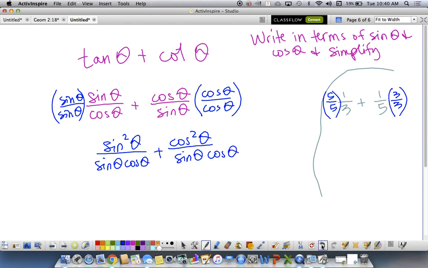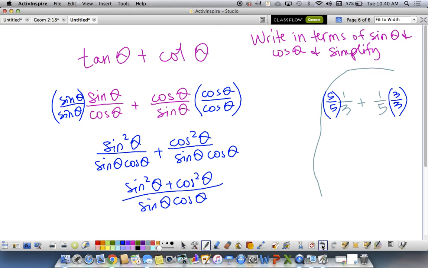If you have the same denominators, what can you do? Add them together. So what does our numerator end with? Okay, can we simplify any more?